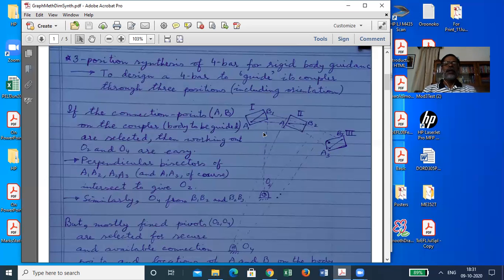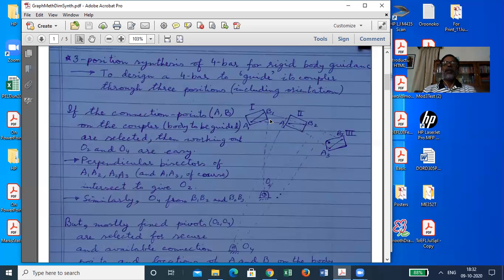Okay, so you say that if O2 is fixed and this body is moving such that A1 is sometimes here, sometimes here, sometimes here, then the three points must be on a circular arc with its center at O2, and that is very easy to find.